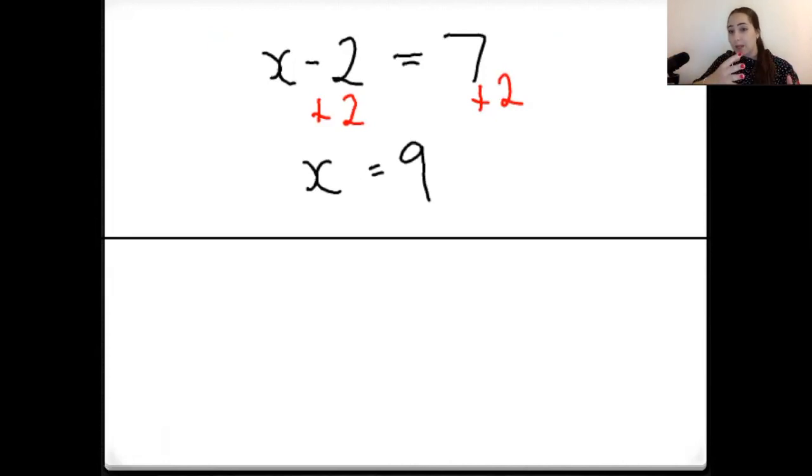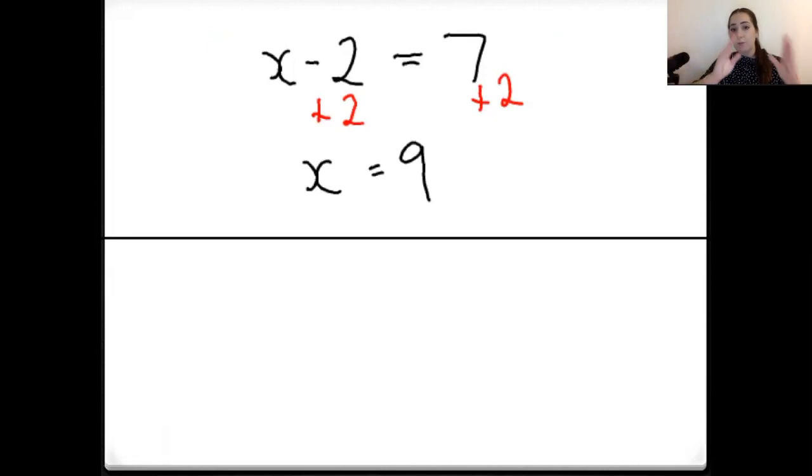So what that means is that you consider the side with the x and you look at everything that is with the x. So in this case, there's x minus 2. So what you have to do is do the opposite. So the key word here is opposite. So you do the opposite to what is there in order to remove the minus 2 to get x onto its own. So the opposite of minus 2 is positive 2.